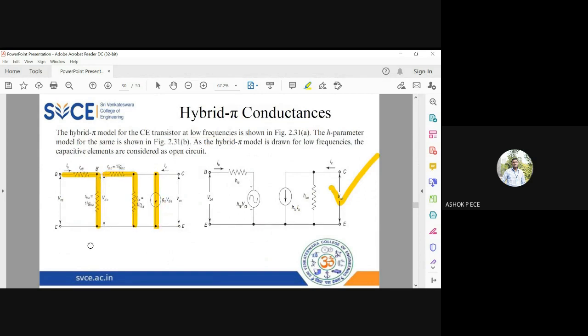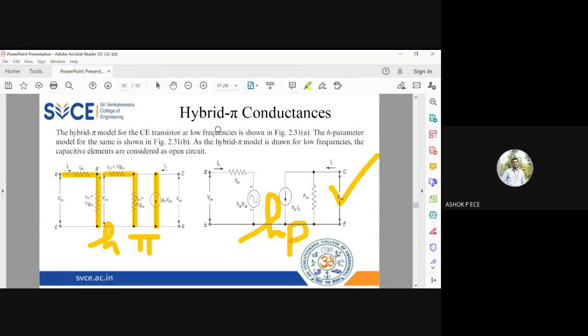This is the hybrid pi model at low frequency, and this is the H parameter model at low frequency. The H parameter model has no change, as it is essentially designed for low frequency. For the hybrid pi model at low frequency, you have to ignore all the capacitances and consider only the resistive components.